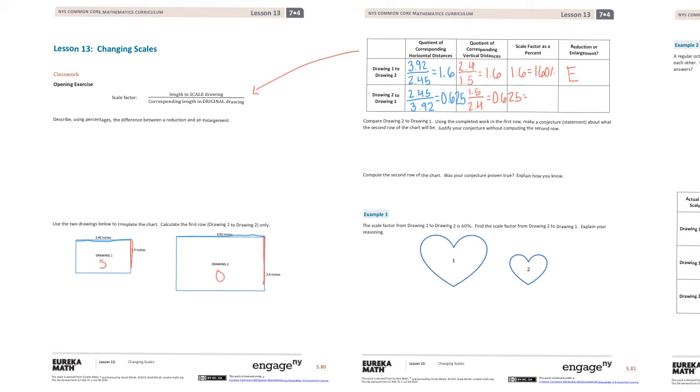One way we can do this is move our decimal to the right 2 times. So we go 1, 2. And so now we know that it's 62.5%. And now, is it a reduction or an enlargement? Well, it is a reduction because we're going from this larger picture to the smaller one. But also it is a reduction because the percentage is less than 100%. So I'm going to put an R for reduction.